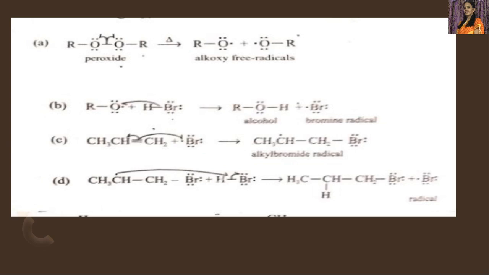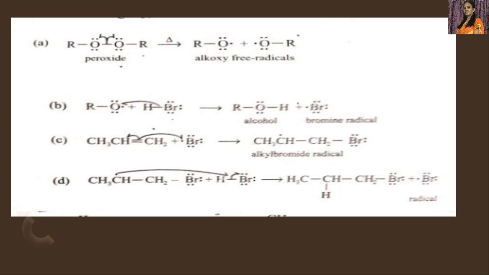In the absence of peroxide, the addition would be electrophilic. Therefore, only in the presence of peroxides does free radical addition take place. This is known as the peroxide effect. So the addition proceeds via free radical formation. In the first step, what happens?